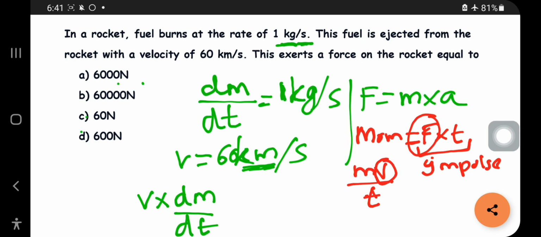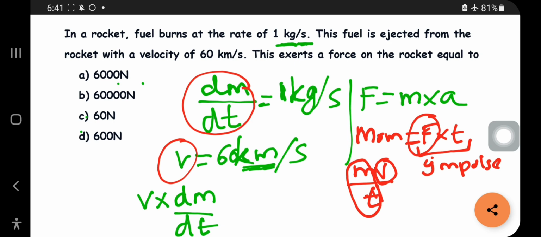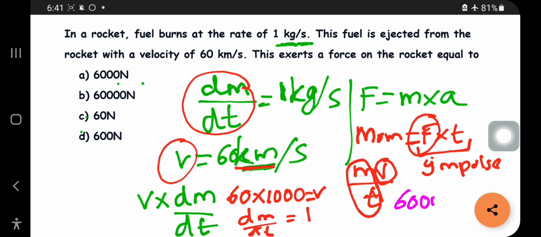So here we have v and we have dm by dt too. dm by dt is 1, and v you should convert from kilometer to meter, so 60 into 1000 is v. 60,000 into 1 is equal to 60,000. So that is the answer for this question. The answer is B.